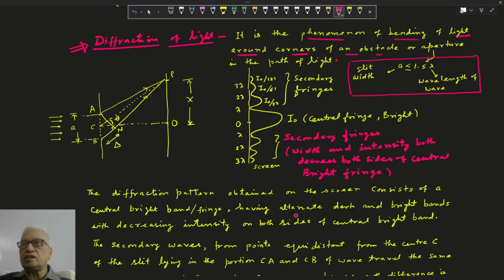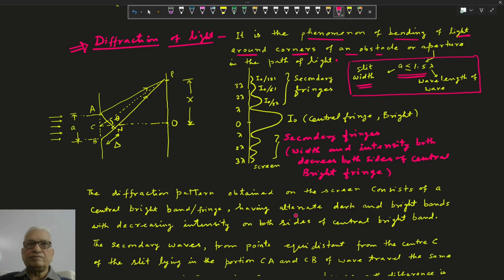So even through a large aperture, sound can bend. But for light, the wavelength is very, very small. So the slit width should be of the order of wavelength, that is the micron level, 10 to the minus 6 meter. So this is the necessary condition here. Slit width should be less than or equal to 1.5 lambda.